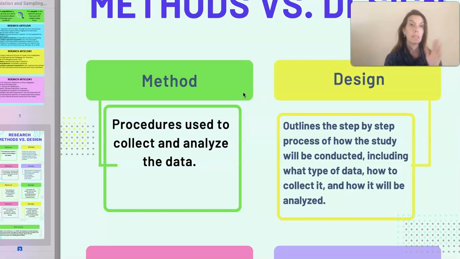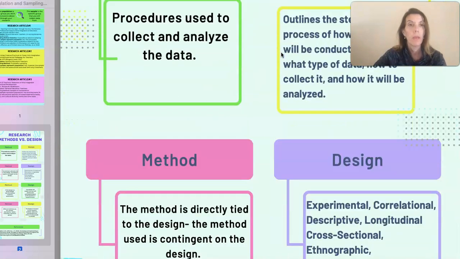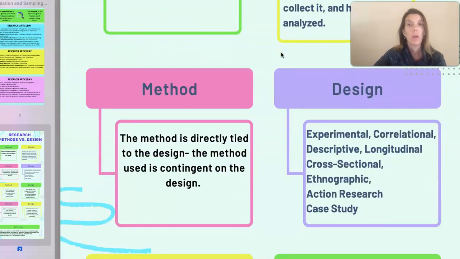And then the design is like the large, overarching area where you put the research question, the step-by-step process, how the research will be conducted, what type of data you're going to collect, how you're going to collect it, how it's going to be analyzed. So it's like the large umbrella, and then the method is like the tinier little bits inside of that, how you'll facilitate the design. All right.